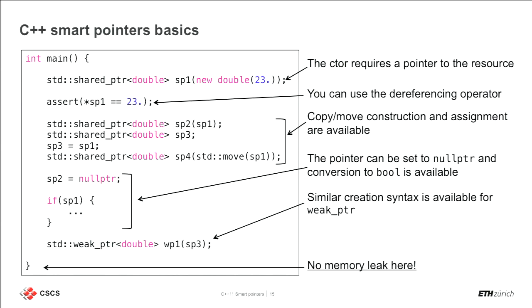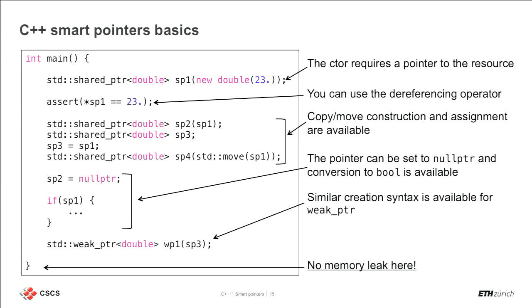I forgot to tell you something about the definition: all these smart pointers are class templates. They have just one parameter, which represents the type the pointer is pointing to, basically like the type of the raw pointer. In this case, we have a shared pointer pointing to a double, so you have to specify the type double as template parameter.